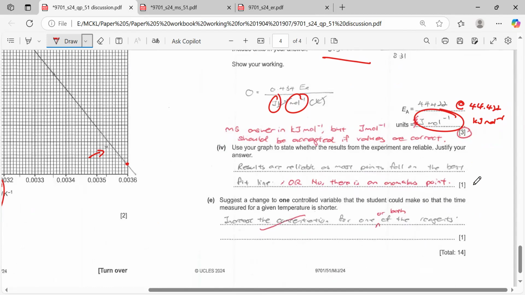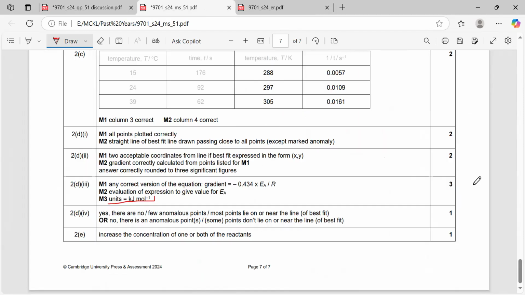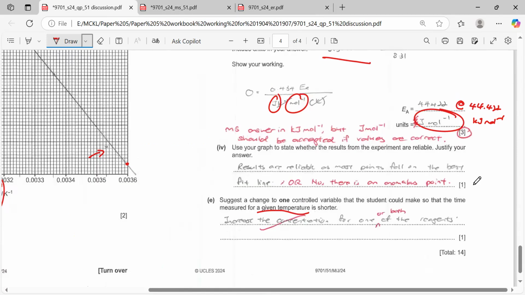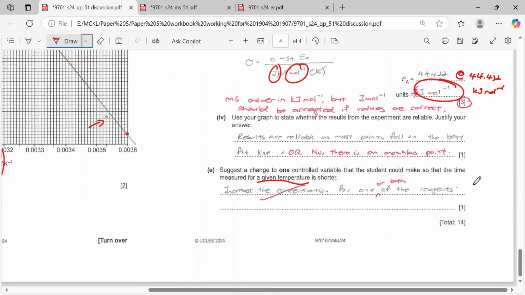So if you want to make it faster, you have to increase the concentration of one or both, because you cannot change the temperature anymore, because in this experiment you're changing the temperature. So you have to figure out whether there are other ways that we can still increase the rate without touching the temperature, because they said for a given temperature. So the answer is increase the concentration of one or perhaps both reactants. All right. So therefore, I think we are done with all the questions here.